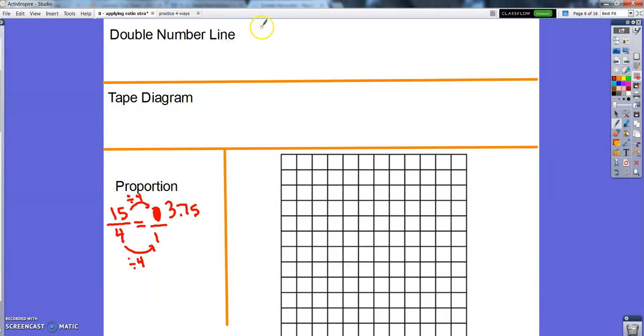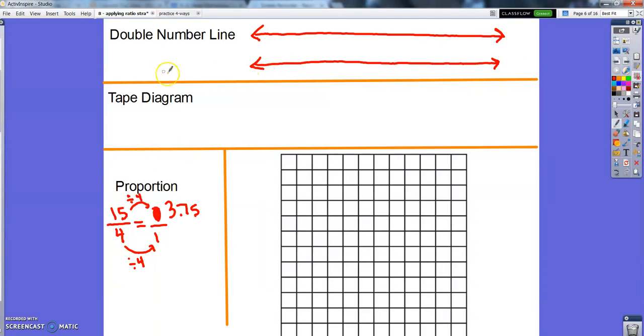All right, double number line. I like that. Personally, I like double number line and tape diagram about evenly. So we're going to do dollars and bikes. And the only point on those number lines I know is $15 for 4 bikes.